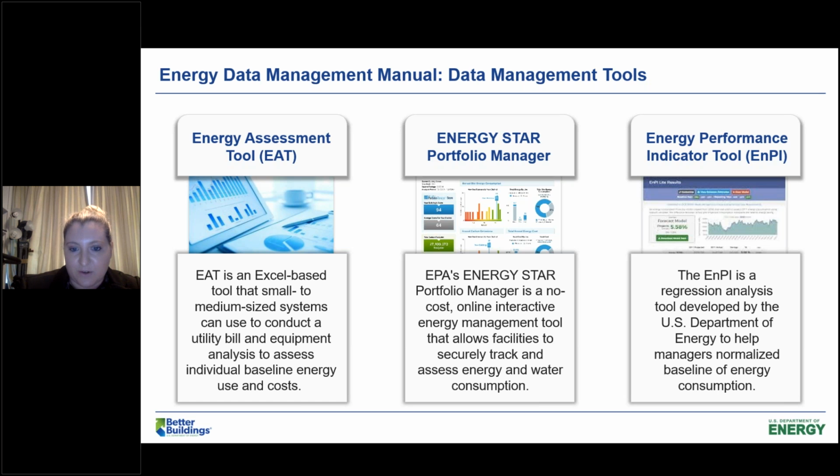All of these, again, are no cost, so you can track and access your energy and water consumption. And then, of course, DOE's Energy Performance Indicator tool. This is an Excel add-on which allows regression analysis. So all 3 provide different outputs and can manage data slightly differently. So the tool is very useful at determining which one is going to work best for your facility's data.